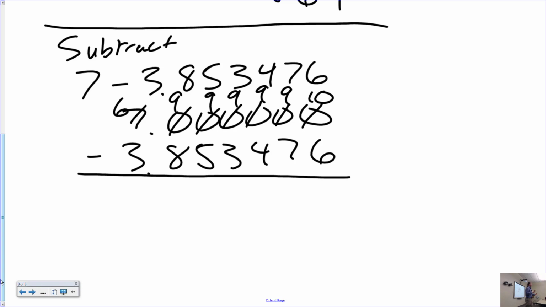Again, you did this back in 3rd or 4th grade, subtracting regular old numbers. This works the same with whole numbers as it does with decimals. So if you were trying to take 7 million and subtract 3,853,476, you'd do it exactly the same way. And then it's just subtract, right? So 4, 2, 5, 6, 4, 1, 3.